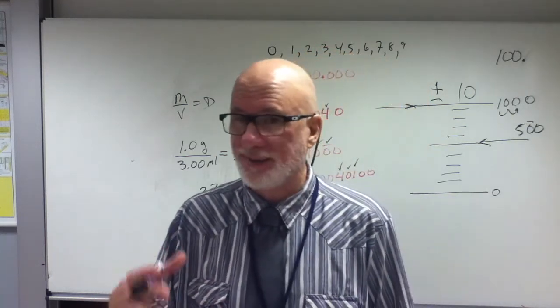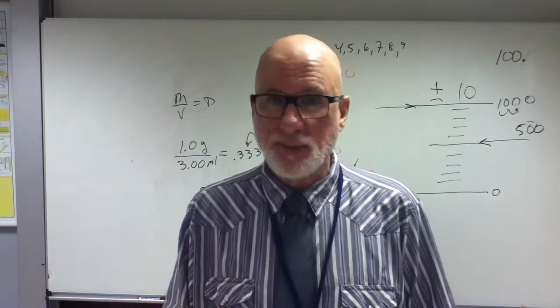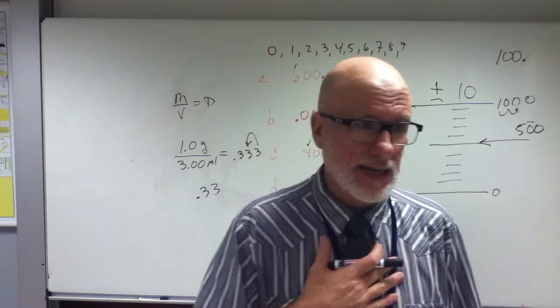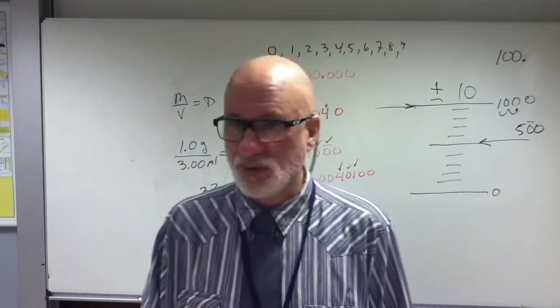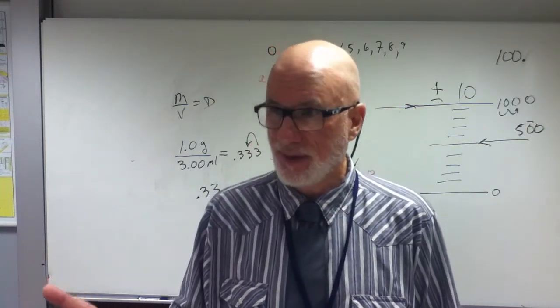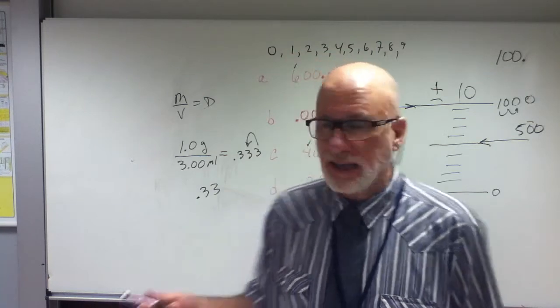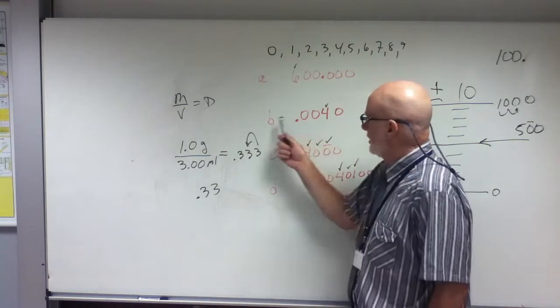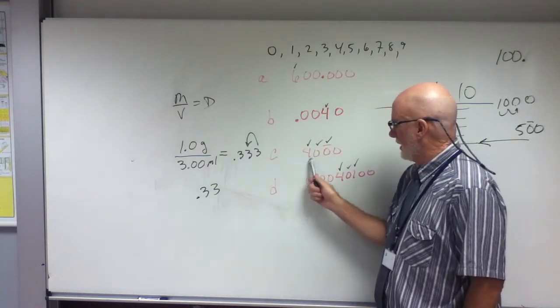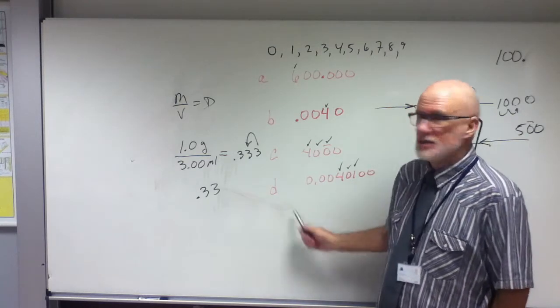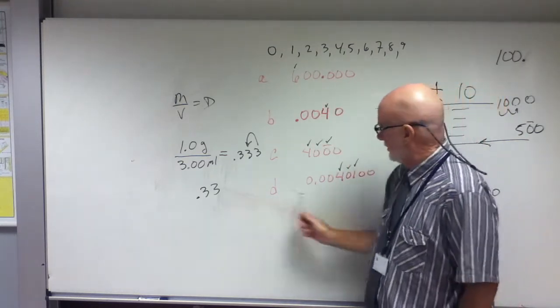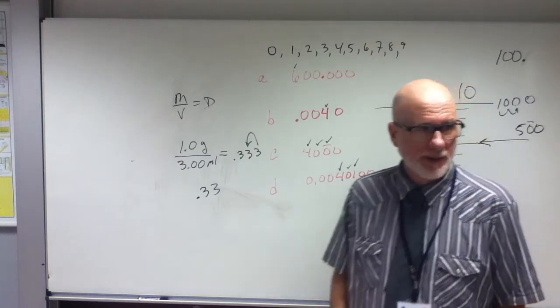It's a good rule, but it makes things more complicated. I like to say, here are some rules, and if they're not significant after these rules, they're not significant. Anything where you have no non-zero digit to the left, these are just placeholders.